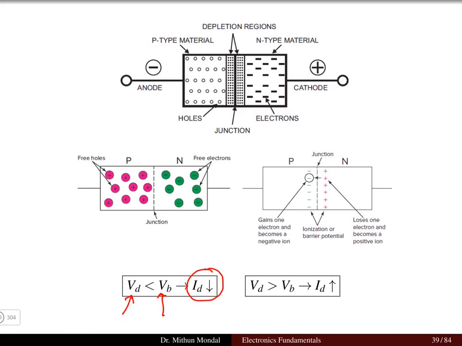But when the diode voltage is more than the barrier potential, the diode current will start flowing. So at this junction where the separation of charge carriers exists, when the potential is applied, the diode will start conducting and the diode current will increase. The diode has to overcome the barrier potential to conduct.